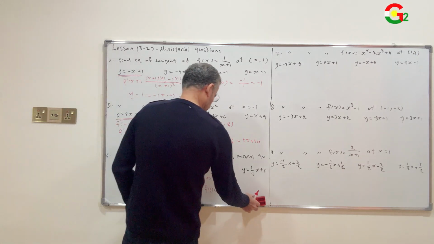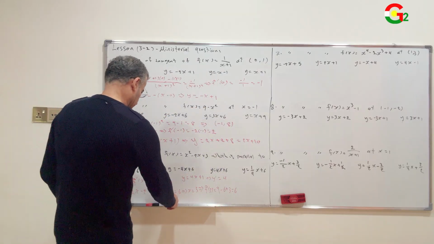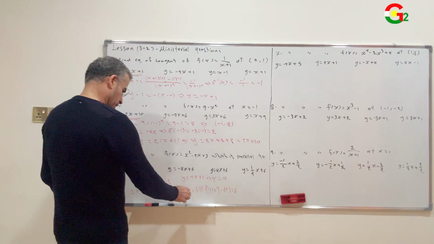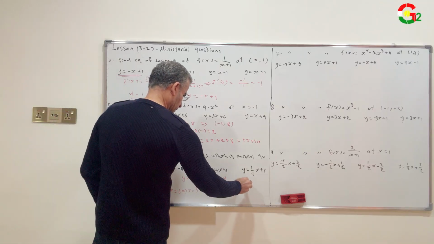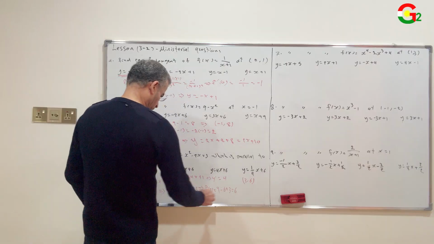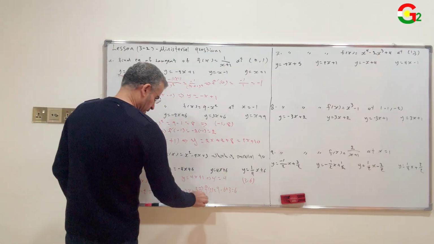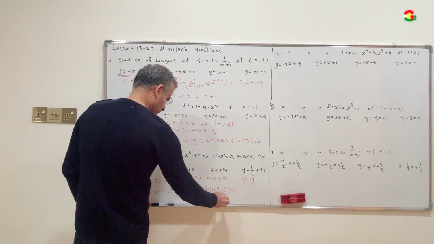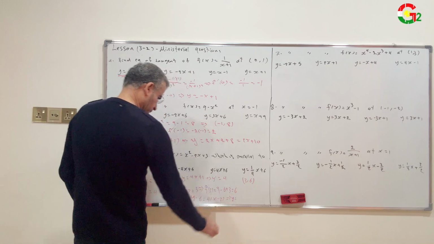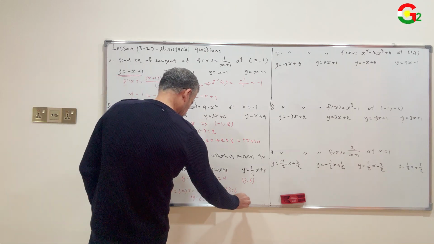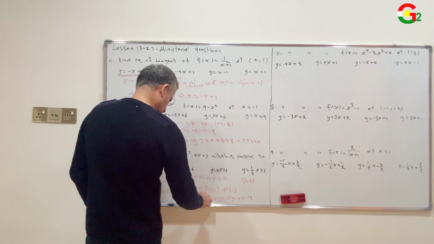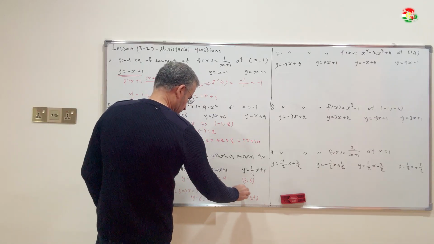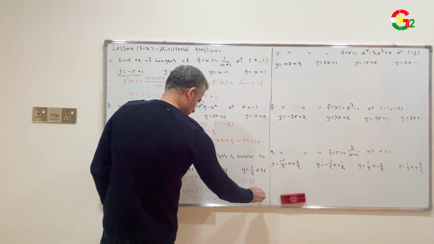Now, the equation of the tangent line: the point of tangency is (3, 6) and the slope is 4. y minus 6 equals the slope 4 times (x minus 3). y equals 4x minus 12 plus 6, equal to 4x minus 6.